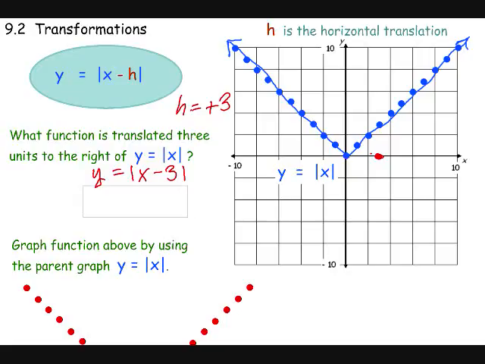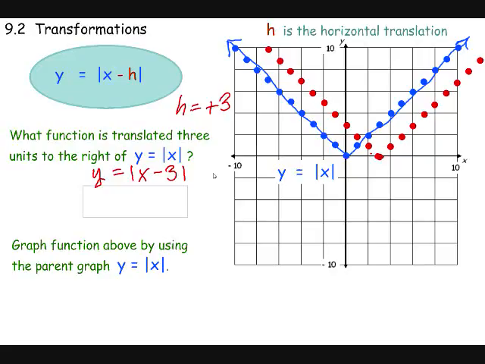So let's see. I think I've already got this ready for us. Here we go. So what would it look like? Well, if I hadn't been shifting it, it would be right there. If I'd shifted it 1 unit to the right, it would be the absolute value of x -1, x -2, x -3.